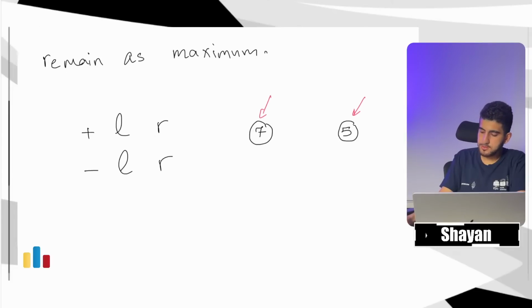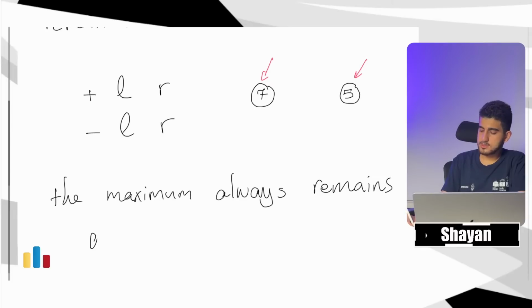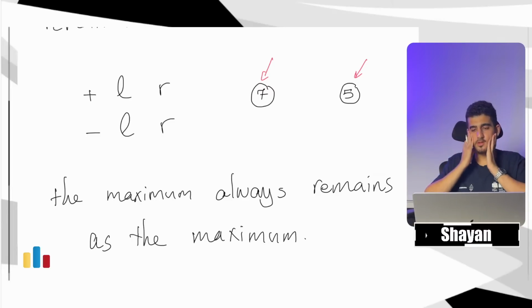So the maximum always remains as the maximum. This will never change. The maximum number will always remain as maximum.